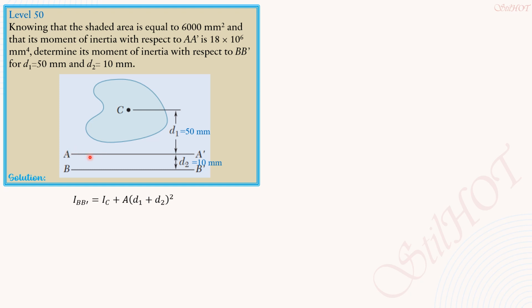Likewise, the moment of inertia with respect to the axis AA' is the moment of inertia with respect to the centroid parallel to that axis, I sub C, plus area times D₁ squared. So I sub AA' equals I sub C plus area D₁ squared. Substituting, the moment of inertia with respect to AA' is given as 18 times 10 to the 6, and the area is 6,000, as well as D₁, so we can compute I sub C. 18 times 10 to the 6 equals I sub C plus 6,000 times 50 squared.